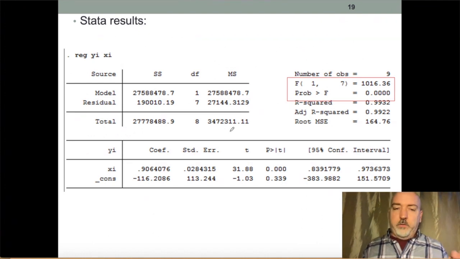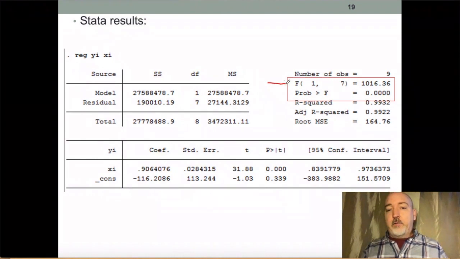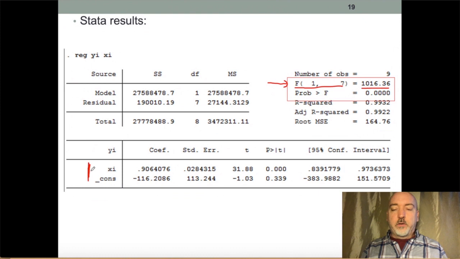And of course, Stata does all of this for us, right? So we haven't talked about it up till now, but every time we've asked Stata to estimate a regression model, it's done this exact calculation for us. We've just overlooked it. So this F-statistic that Stata calculates for us is always testing the null that all of our coefficients are 0.